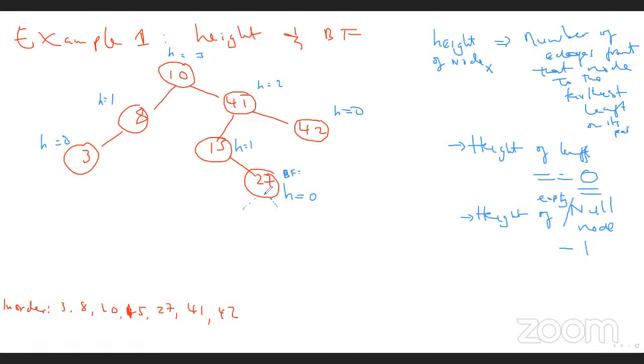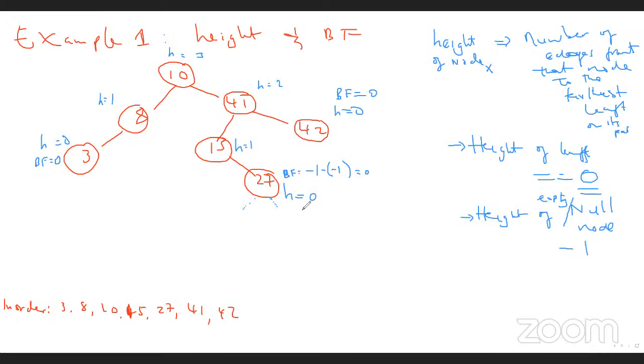So at 27, the balance factor is -1, which is the height of the left, minus -1, which is the height of the right-hand side, and therefore this is 0. -1 minus -1 is 0. So the balance factor even here at the leaf is also 0, and the balance factor here is also 0. Why I showed you this is for you to understand why it is 0.